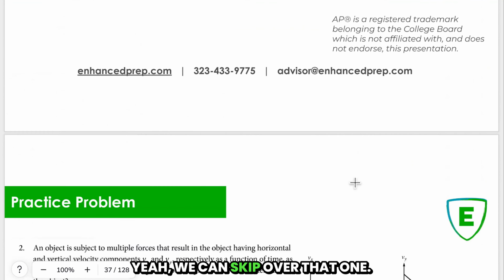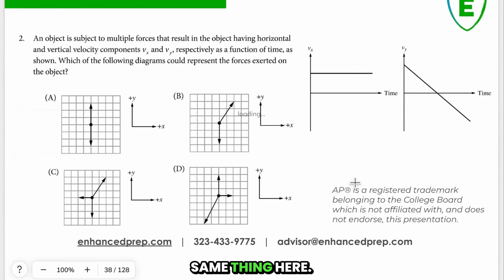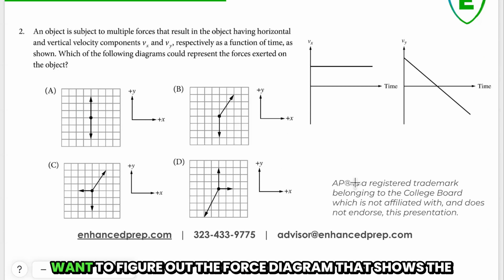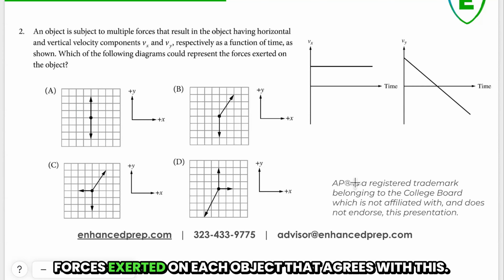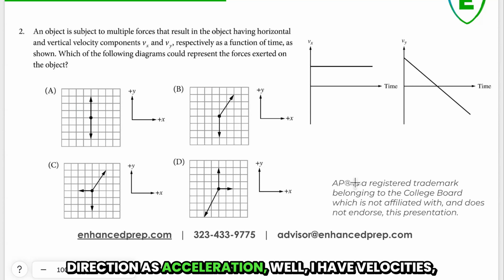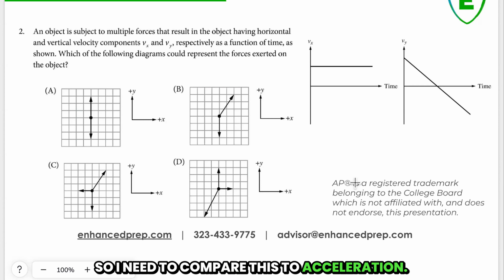Yeah, we can skip over that one. Same thing here. We get two graphs of Vx and Vy, and then we want to figure out the force diagram that shows the forces exerted on each object that agrees with this. Remember, forces are in the same direction as acceleration. Well, I have velocities, so I need to compare this to acceleration.